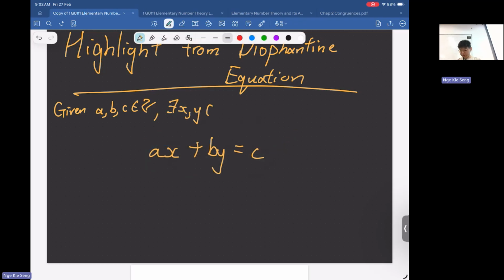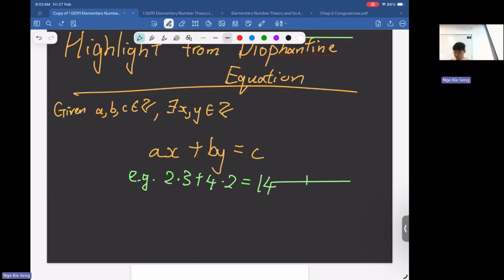Meaning x and y have to be in Z, such that this equation holds. A very simple example is 2 times 3 plus 4 times 2 equals, let's say, 14. So you want to figure out the 3 and 2.